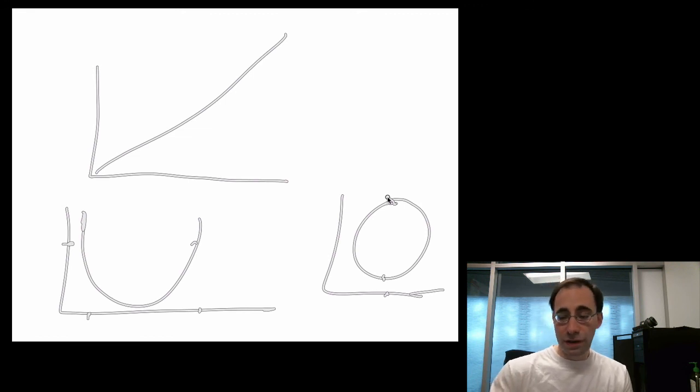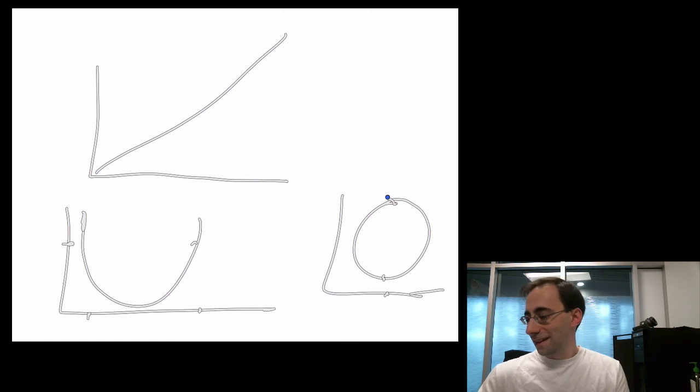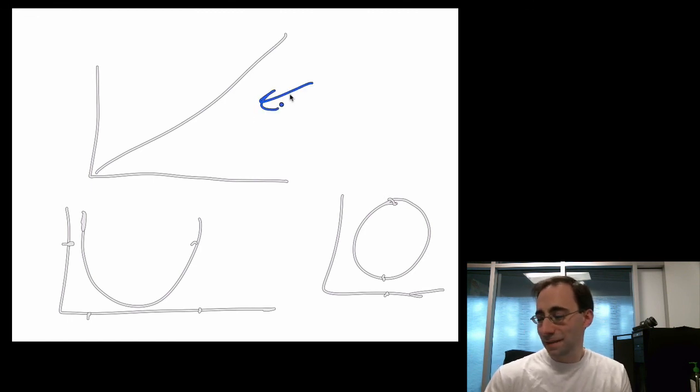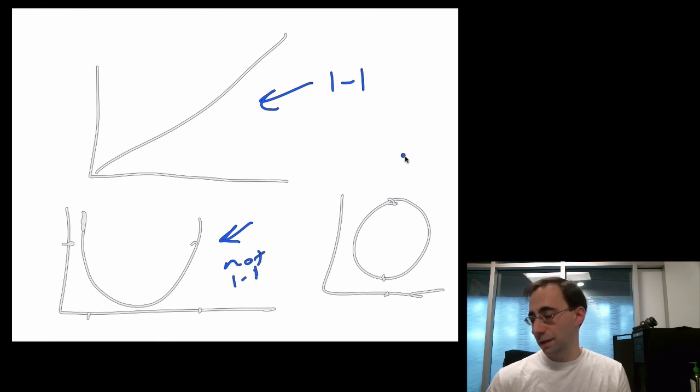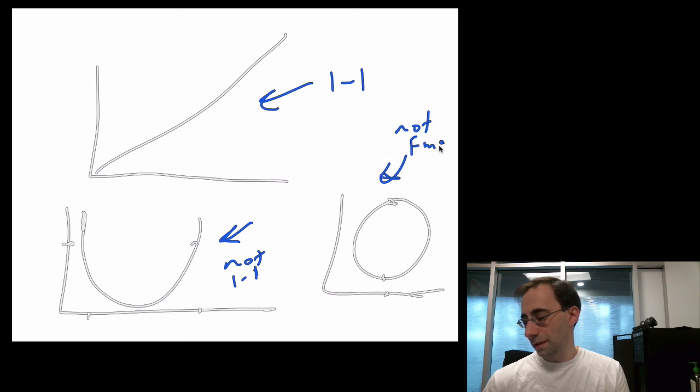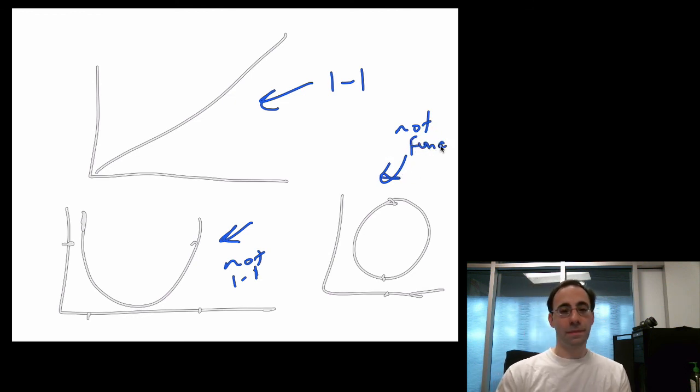So one-to-one function, function but not one-to-one, and not a function. And if you're wondering at home why I'm cutting off various words, it's just because my tablet I'm writing on is about 13 inches, so I can't use an entire whiteboard like I would normally do.